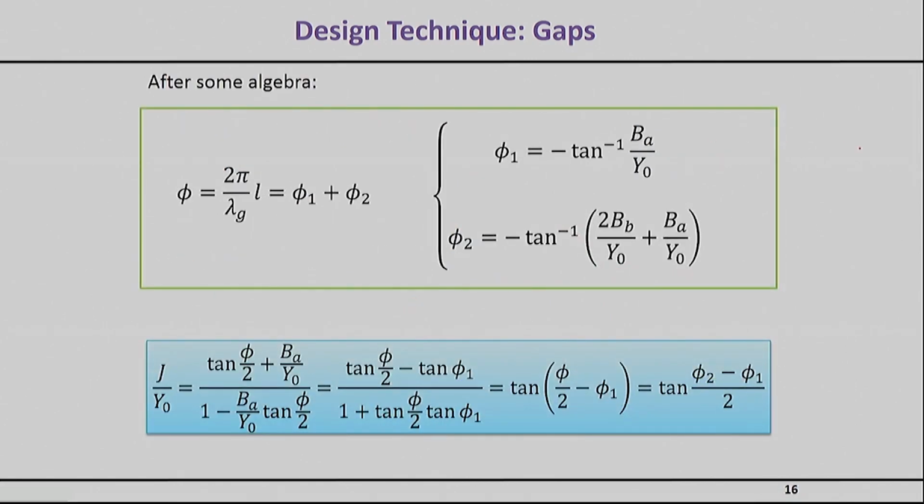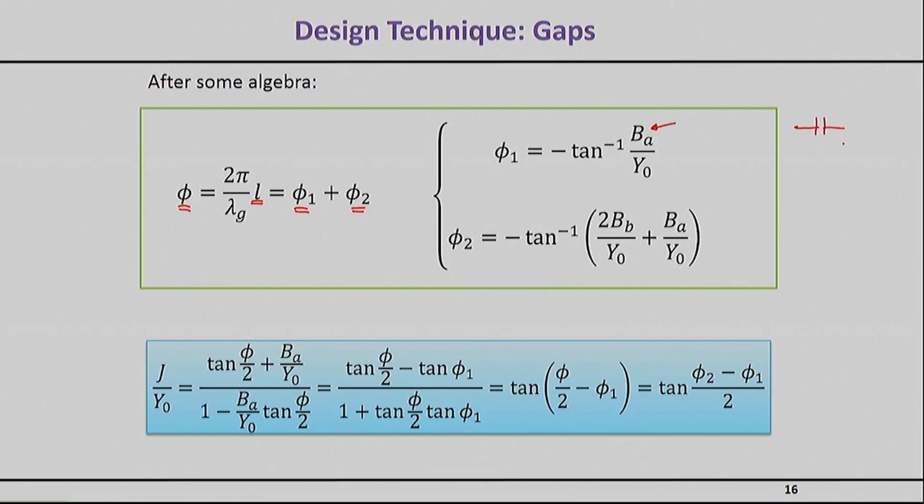So if you do all of this, and I'm sparing you quite a bit of algebra here, you will find out that the needed lengths are linked to the angle phi that I'm writing here. And it's more convenient to express this with regards to phi1 and phi2, where phi1 and phi2 are each related to BA, the susceptance that we looked at earlier on for the gap.